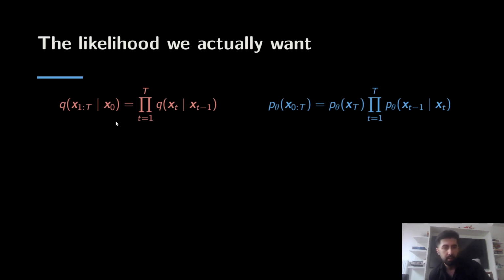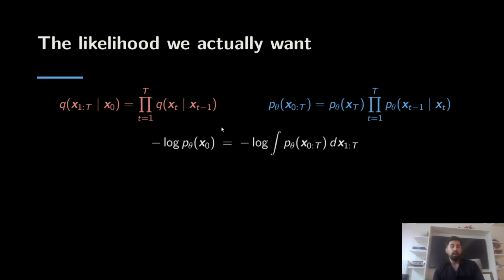So the forward process q of x1 till xt knowing x0 has this notation, the product of q of xt knowing xt minus 1, and p theta of x0 given xt has this notation, the product of p theta of xt minus 1 knowing xt, all multiplied by p theta of xt.